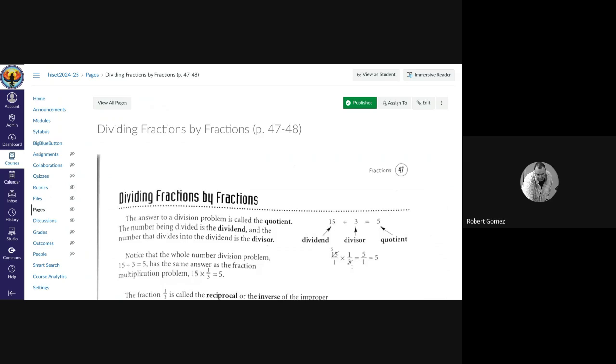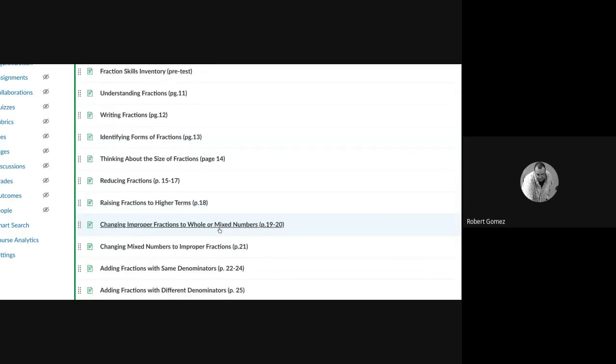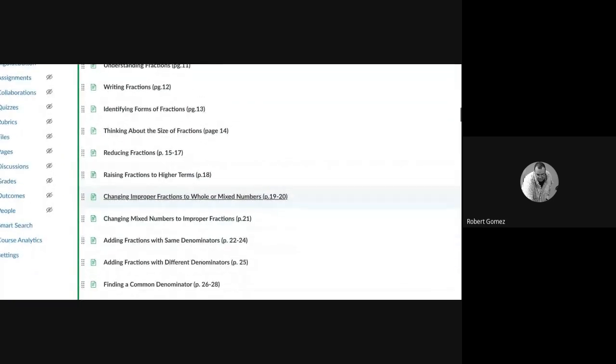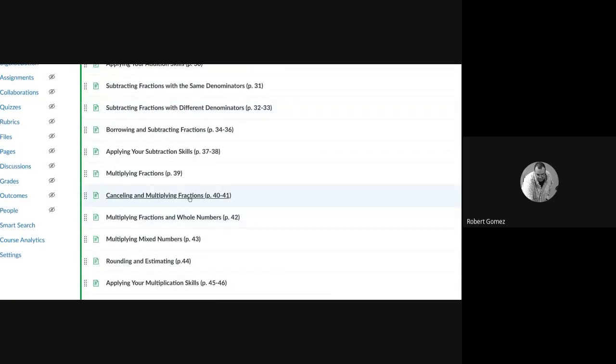One of the things that we have to look at is cross canceling, right? Because we can do that with multiplying and dividing fractions.